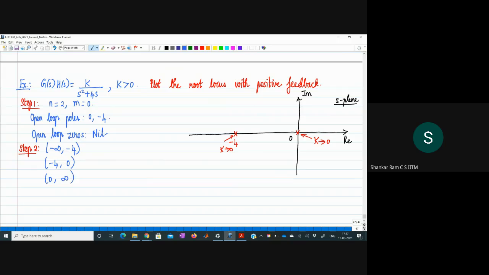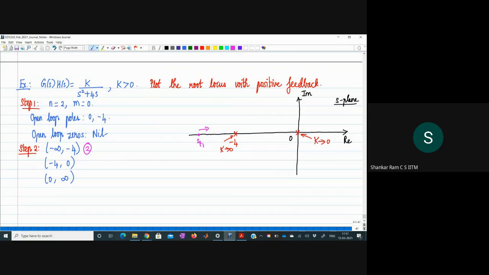These are the same as before. Now you take a test point ST1 in the region minus infinity to -4. We look to the right of it. We count the real open loop poles and real open loop zeros, and we need to add them. But in this case, there are no open loop zeros on the real axis, so we are only looking at the open loop poles alone.